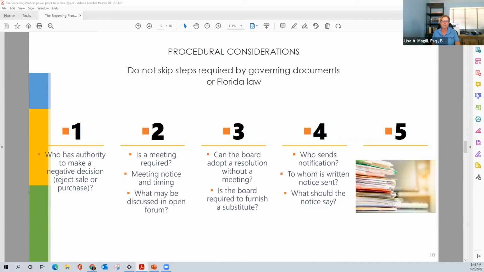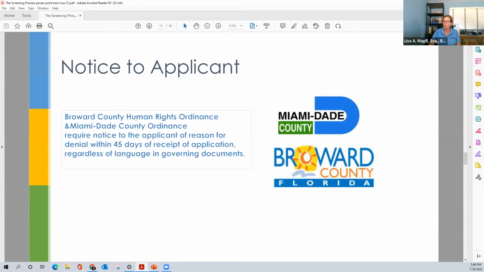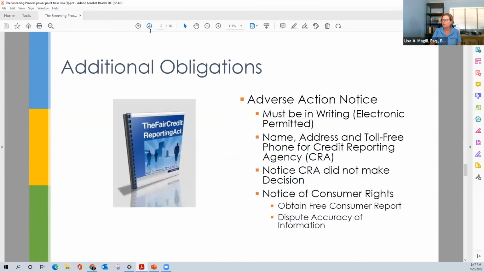And if you're notifying the tenant of a negative decision, you have to have some type of reason for the decision making, which then brings us to the human rights audit ordinances that I talked about, that requires you to reply to the applicant within the 45 days of the decision.